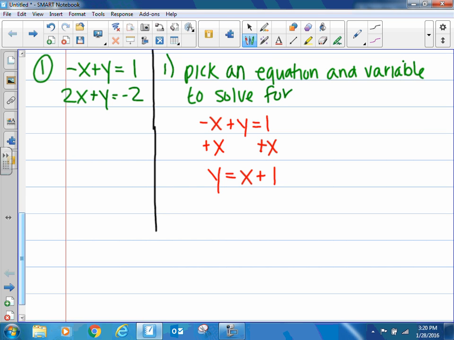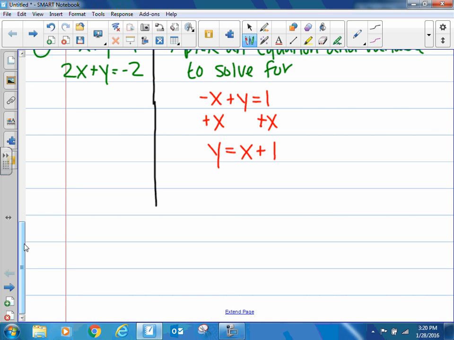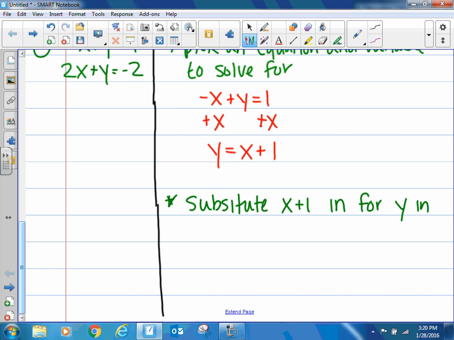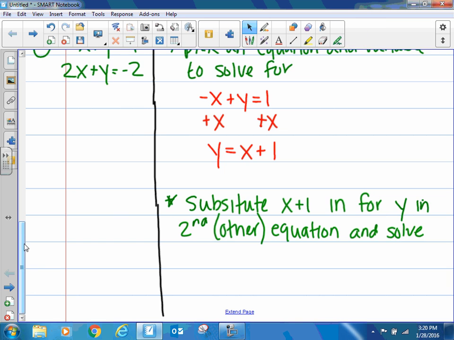All right, the next step, if you remember, is to substitute x plus 1 in for y in the other equation and solve. So now that we know what y is equal to, we have solved for y.